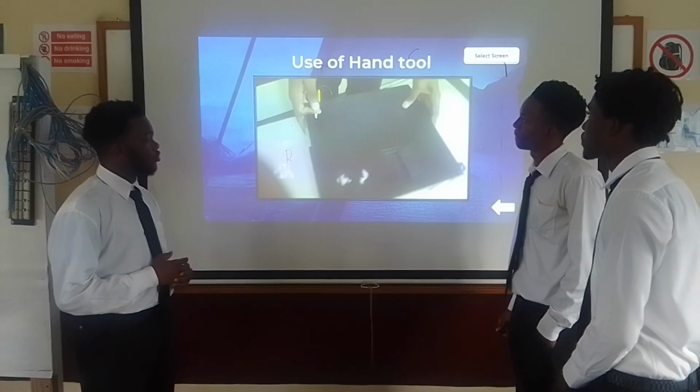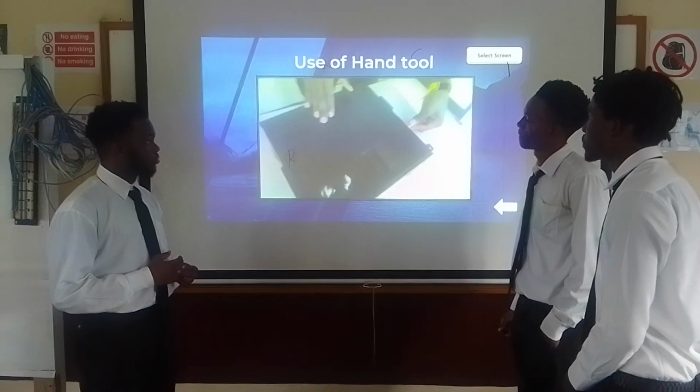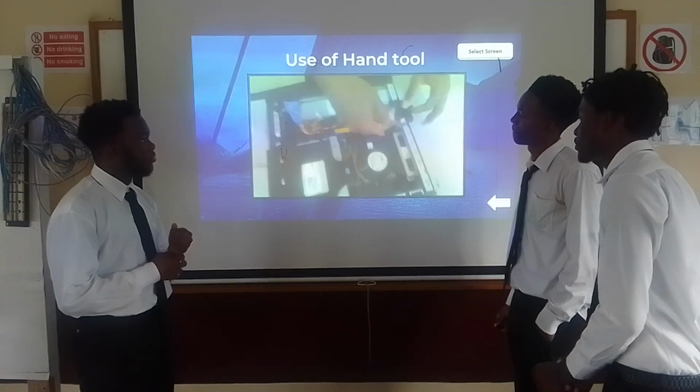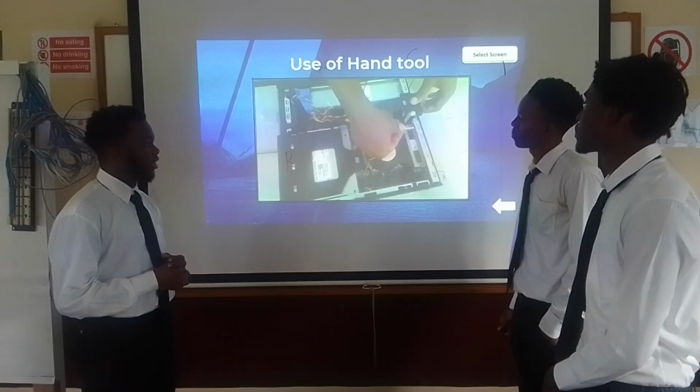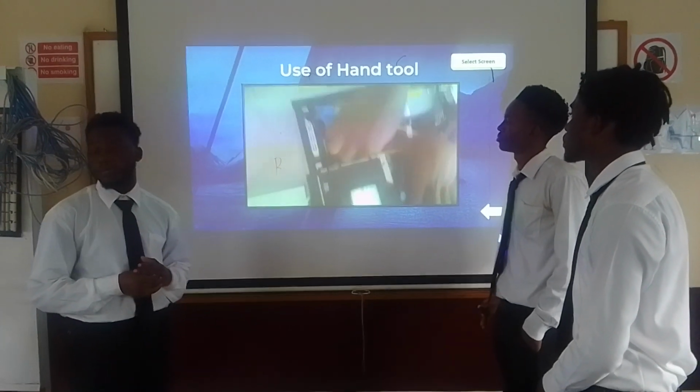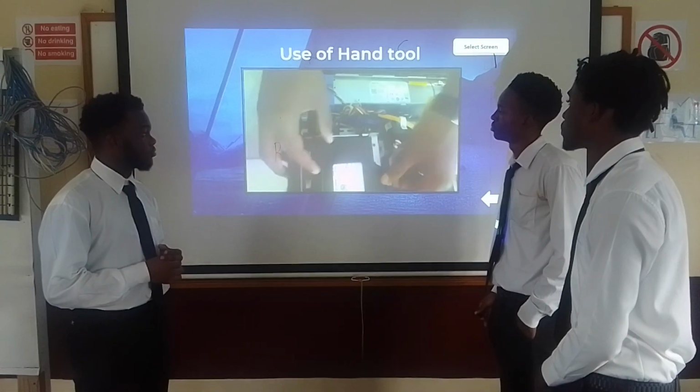This is a use of hand tools. It shows how to use hand tools. You should have your anti-static strap. Therefore, it prevents you from electrifying any computer components.